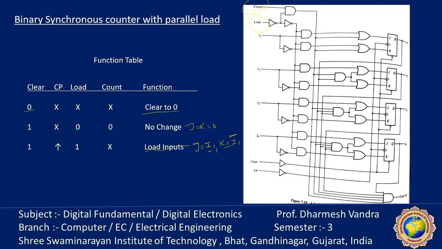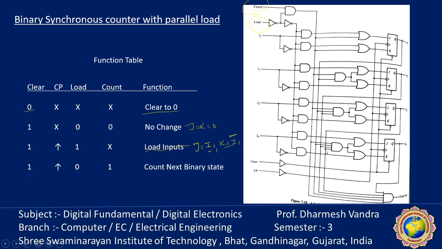Okay. So the next possibility is that load is equal to 0 and count is equal to 1. So with count equal to 1, it depends on the equation, where the previous stage A1 is connected. If A1 is equal to 1, it increments. If A1 and A2 are both equal to 1, through these two gates, it will increment, with J and K both equal to 1.